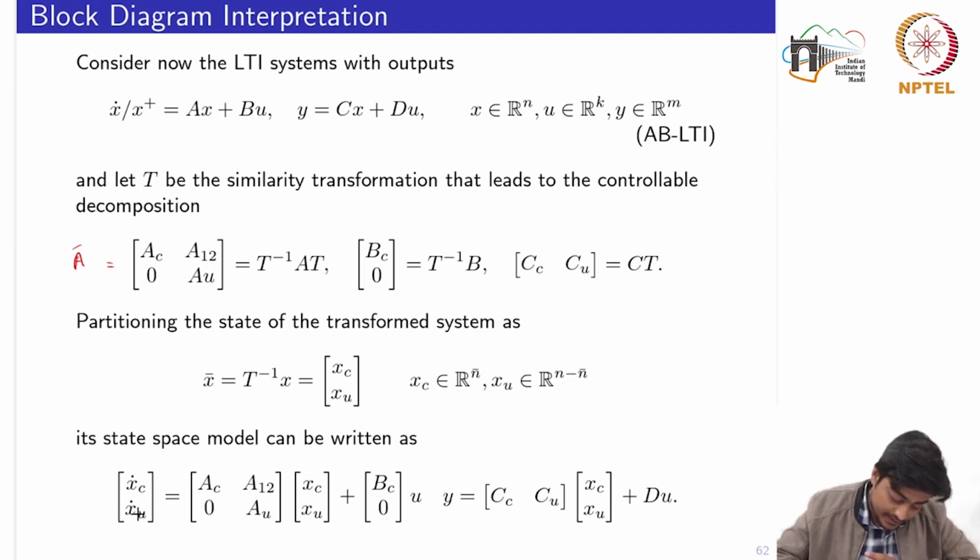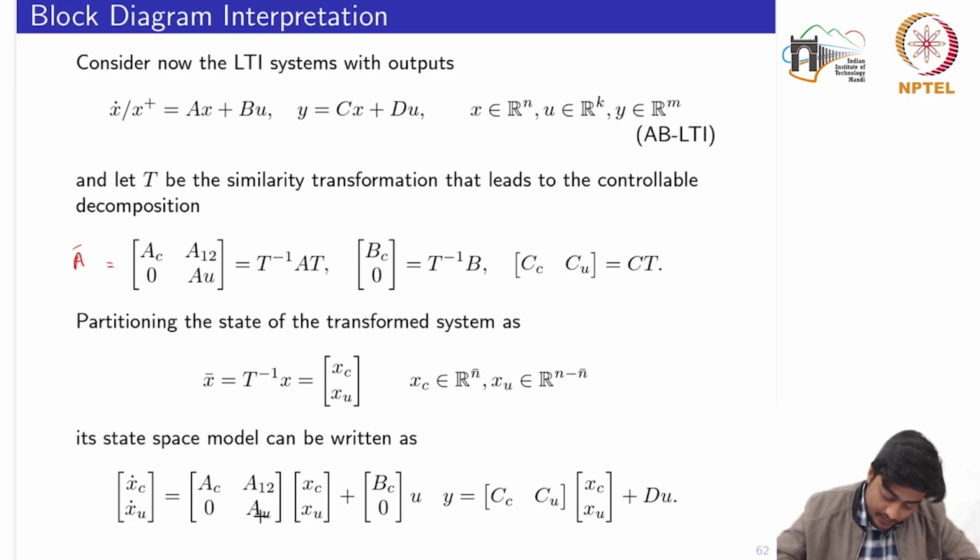Why? Because in that case xu is being influenced by xc and xu, where xc itself is being influenced by u. So this could be, loosely speaking, an indirect control of the xu, right?